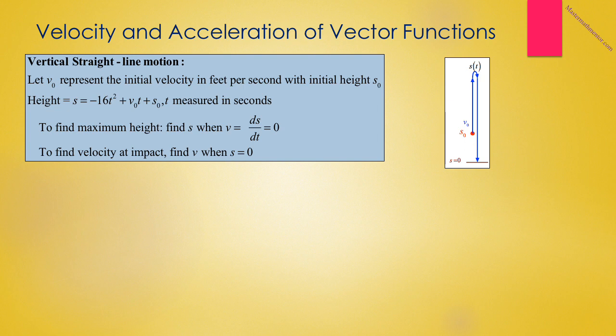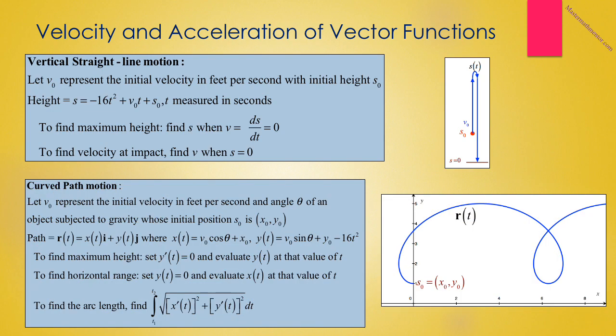There was also a corresponding formula if we were working in meters per second. So to find the maximum height, we found s when v, which was ds/dt, was equal to 0. And to find the velocity when the particle impacted the ground, we found v when s was equal to 0.